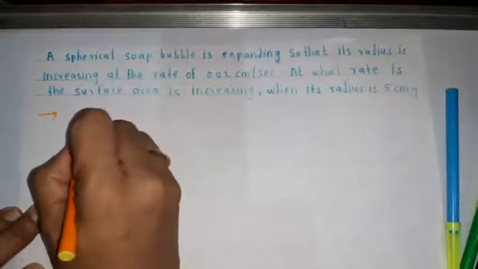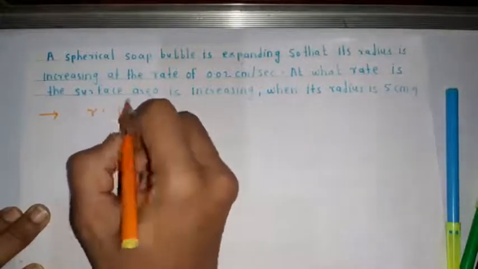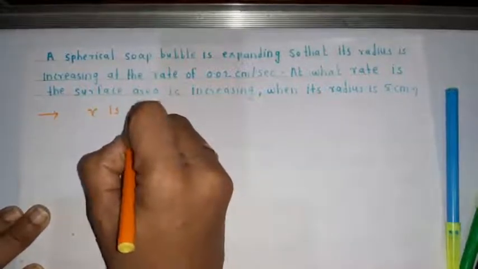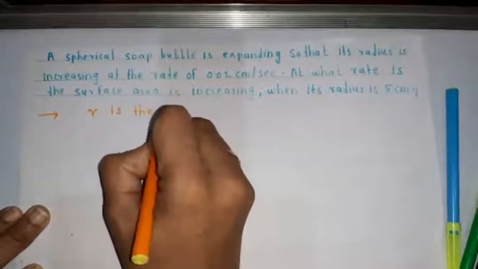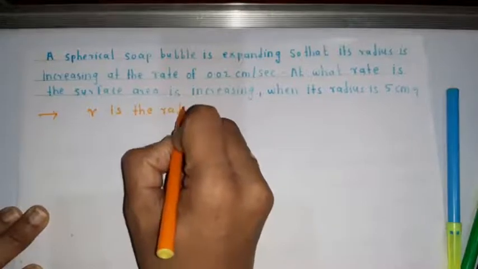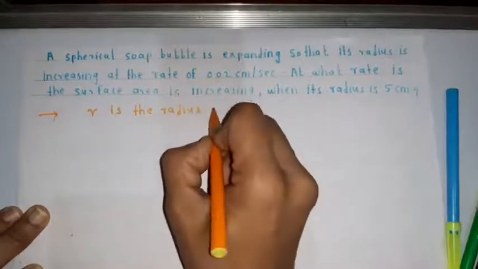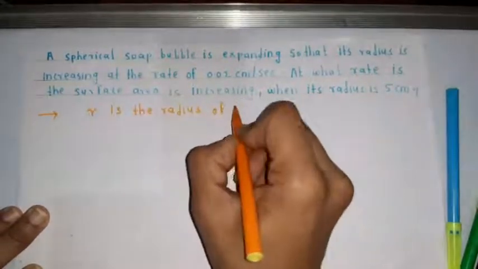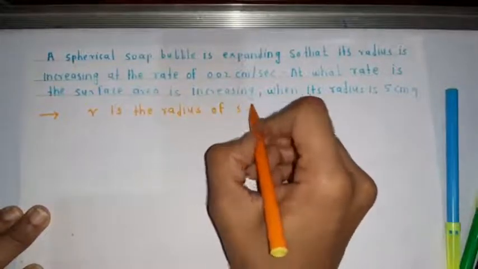Okay students, suppose R is the radius of the spherical soap bubble.